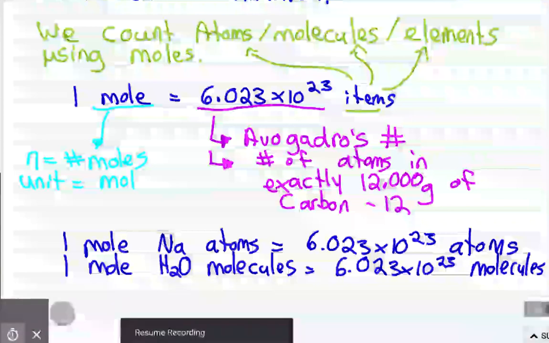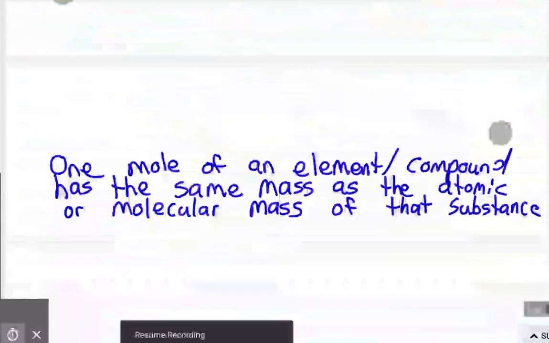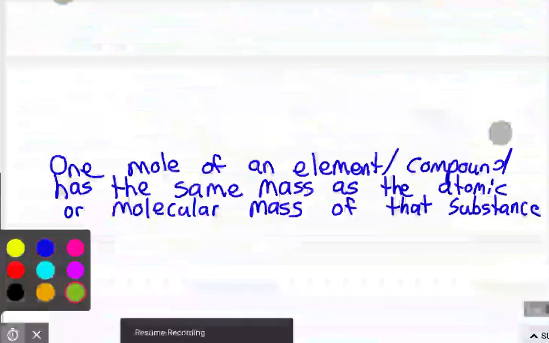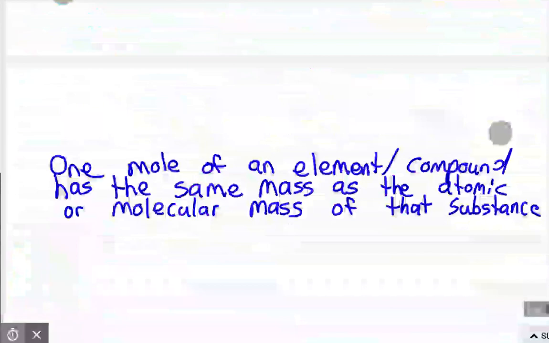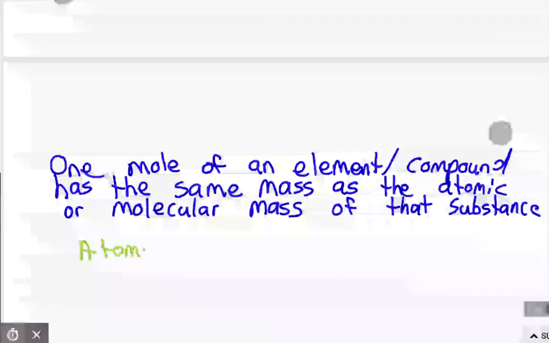If you were to take a mole of any element or compound and measure out its mass, you'll find that it has the same mass as the atomic or molecular mass of that substance. So for example, if we have the atomic mass of carbon atom, it equals 12.01 atomic mass units.